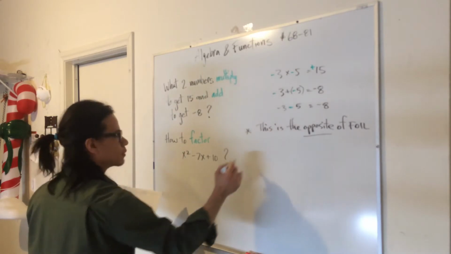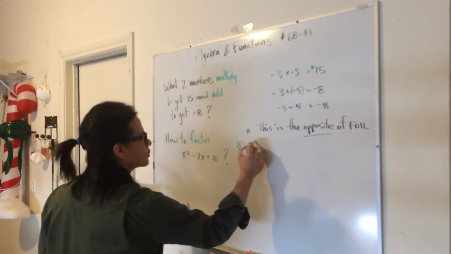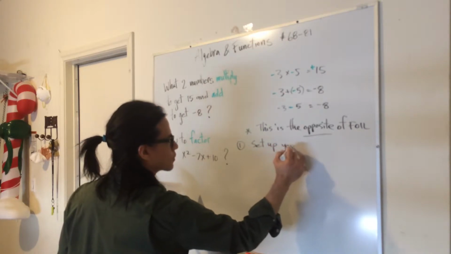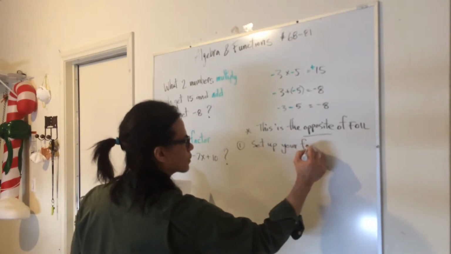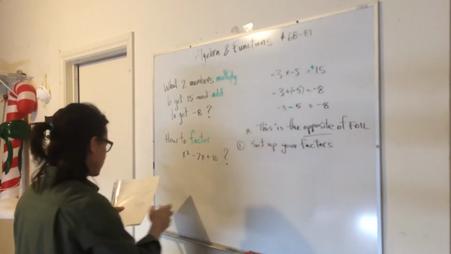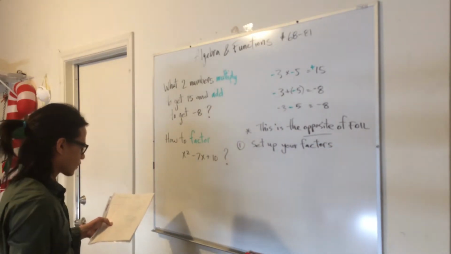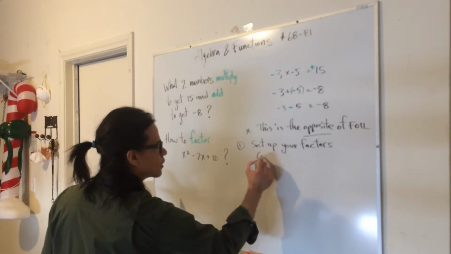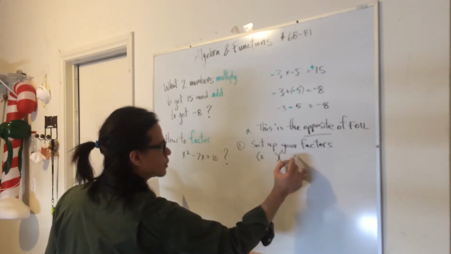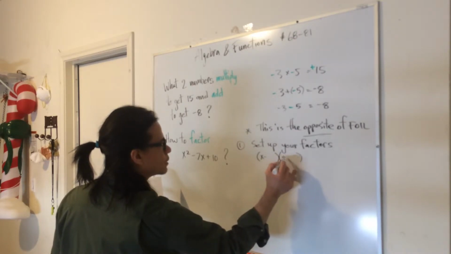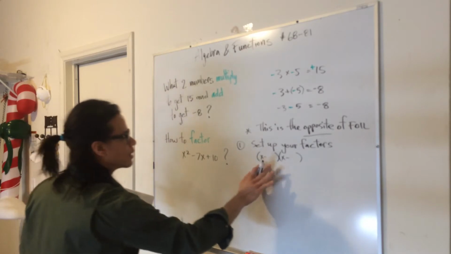Remember, step 1, you're going to set up your factors. By this I mean just simply say x is going to be plus or minus something. So we'll leave it at minus for now.